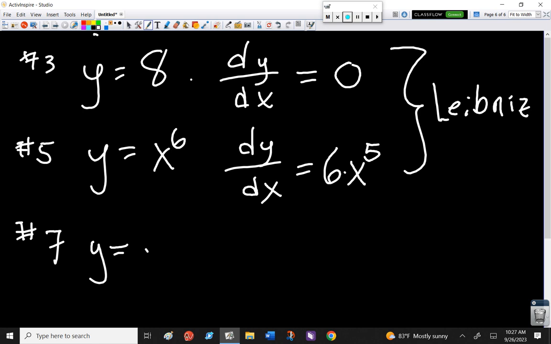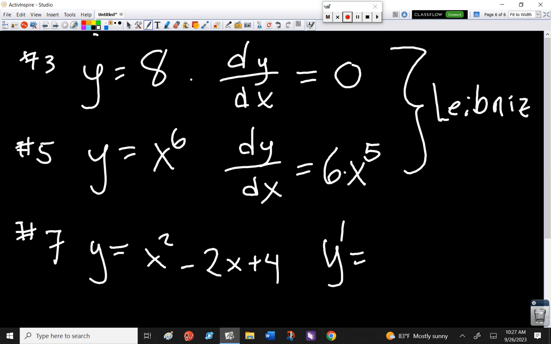So let's write this one. X squared minus 2x plus 4. Well, here we go, ladies and gentlemen. Y prime, this is Newtonian notation. And that is, we're taking the derivative of y, or we're differentiating the y.